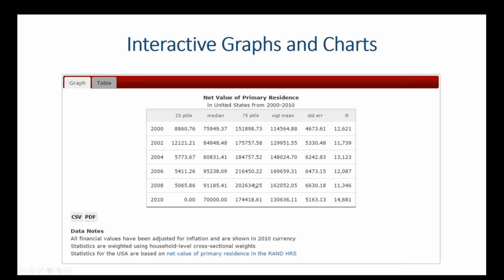They dip a little bit in 2008, and then by the 2010 interview, they're really just a fraction of pre-2000 levels, or, using the mean, somewhere around maybe 2002 levels. So that has a lot of effect on people's wealth. This is a wealth measure, and a lot of people in the U.S. especially use homeownership as well. So you can see this kind of variation, which is a result of the housing crisis here in the U.S.